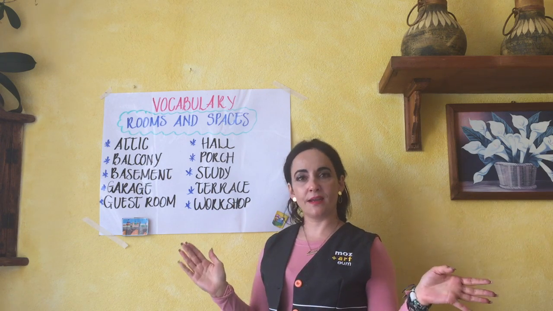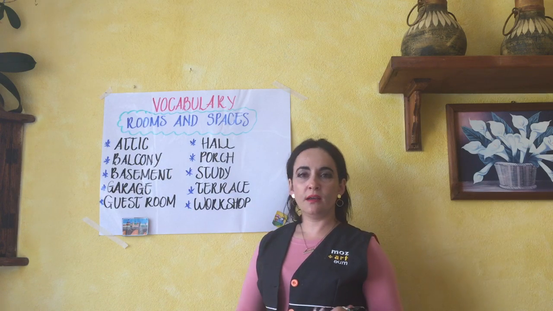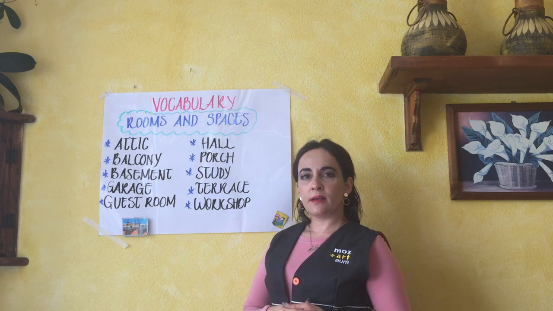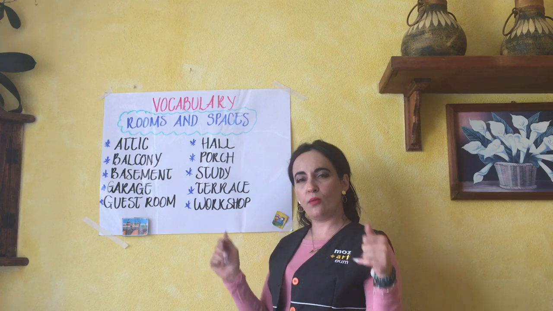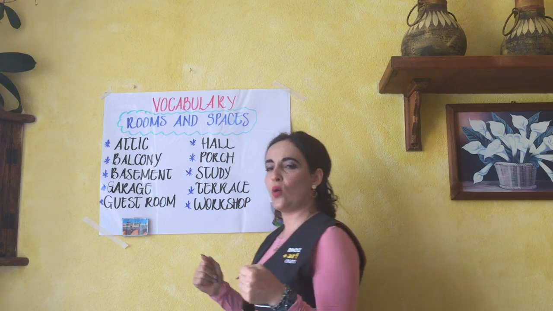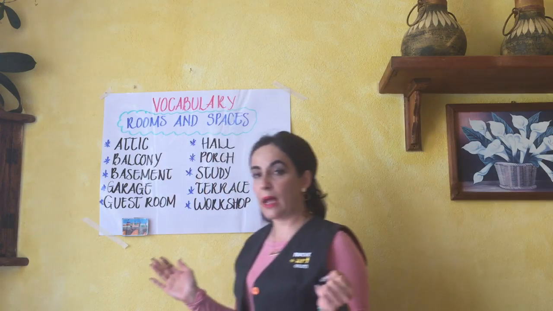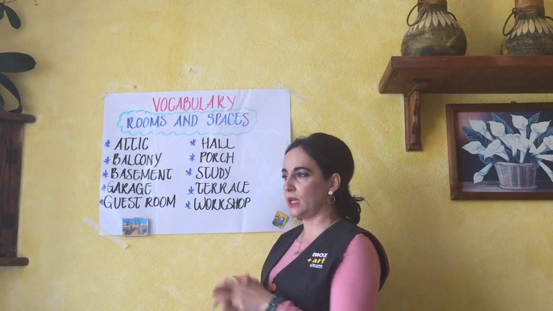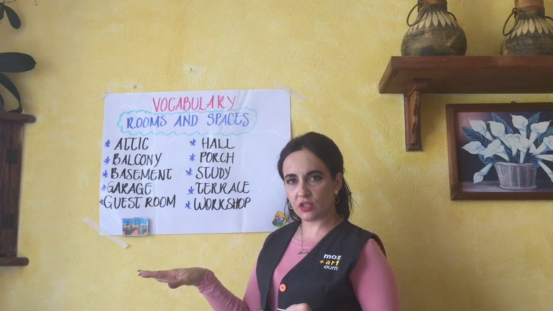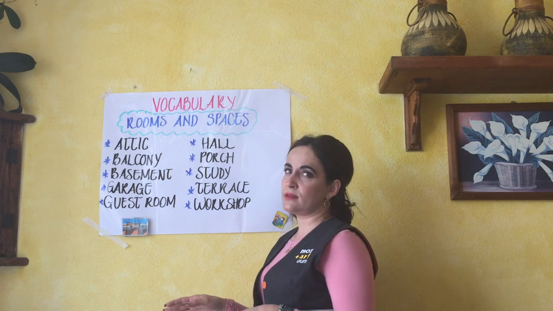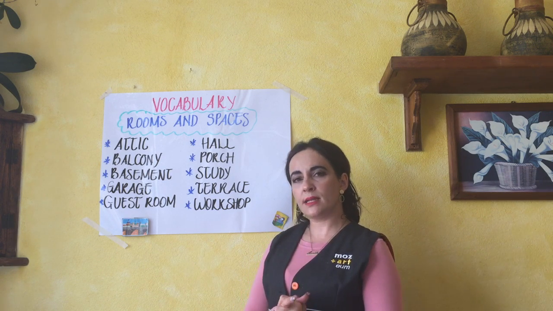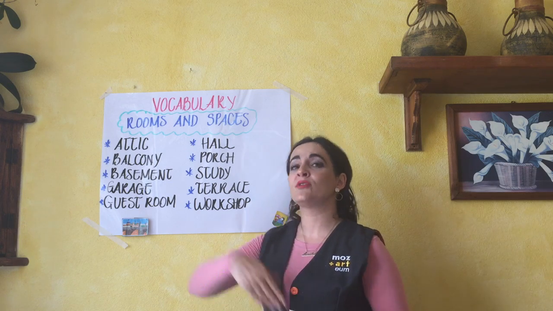Many people use that room to put things that they didn't know what to do with. Okay, that's the attic. The balcony: some houses have a window with a door, and you open that door and you can step out. Some houses have a table and some chairs there, and you can rest. It's always outside the house.